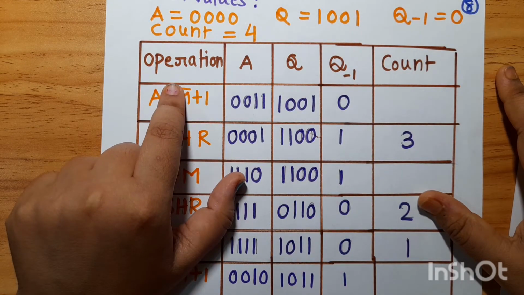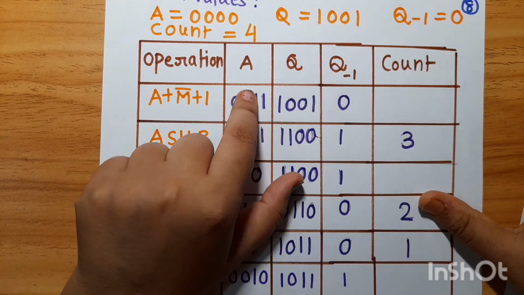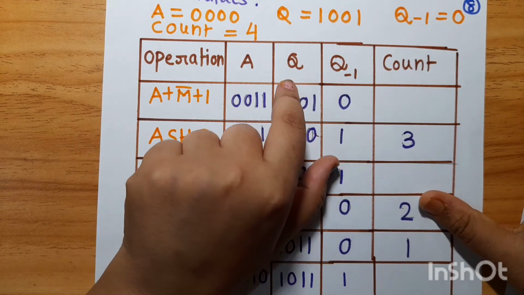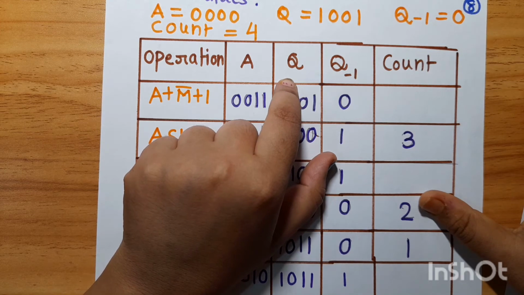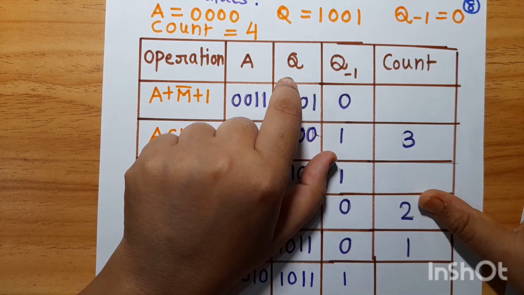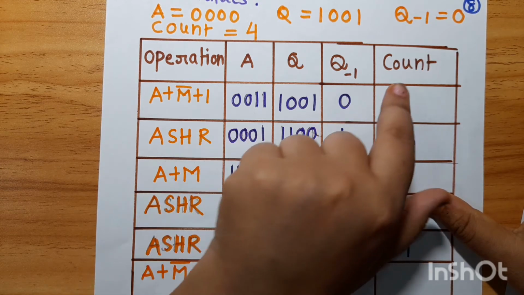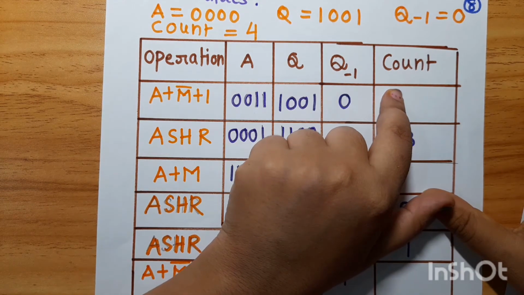The first one gives the operation, the second gives the accumulator value that will hold the partial product, Q will initially hold the multiplier value, Q minus 1 will initially hold the 1 bit lower than the LSB of the multiplier, and count will hold the number of counts.